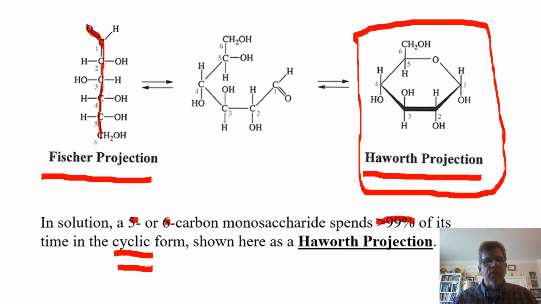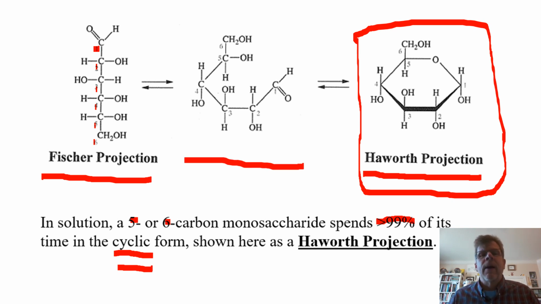It can be helpful to number the carbons. If we look over on the left-hand side, the Fischer projection, notice we have these carbons numbered 1, 2, 3, 4, 5, and 6. I can show this open chain form not just in a Fischer projection, but also in a more suggestive form, this piece in the middle, where my carbons 1 through 6 are written suggestively.